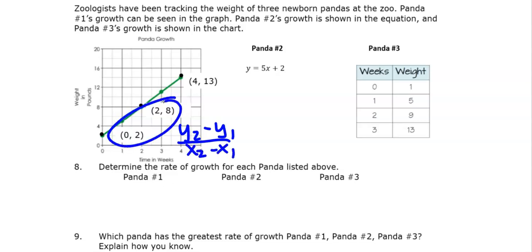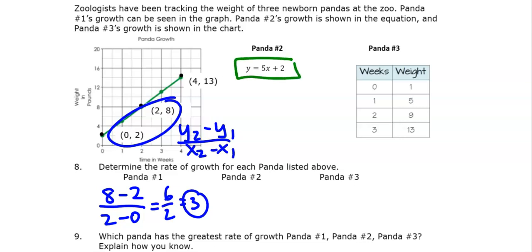So if I look at these two values, my expression would be y2 minus y1 over x2 minus x1, which is 6/2, which is 3. That panda is growing 3 pounds each week. Panda number 2 is an equation, and the rate of change is the coefficient of x.